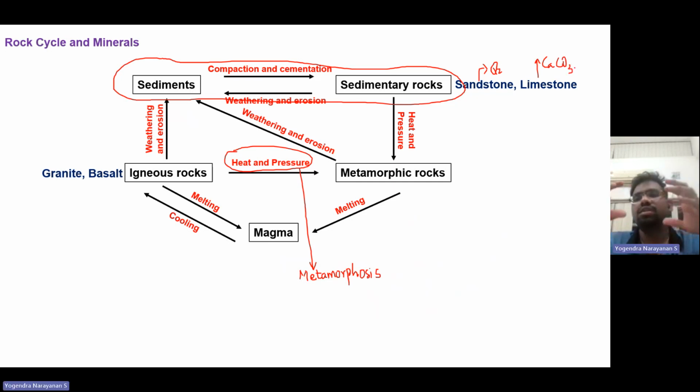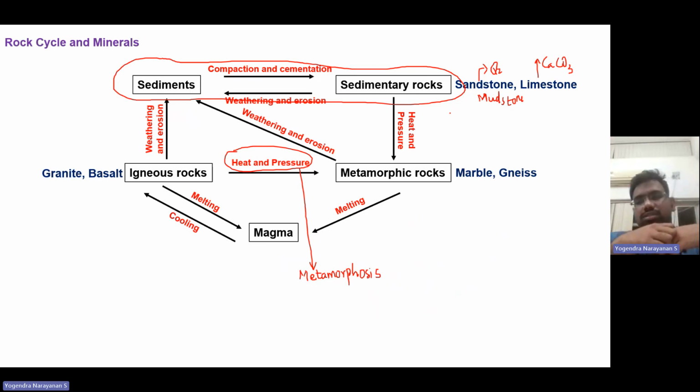These are sediments. When the quartz, that is sand, gets deposited over a period of time, due to compaction and cementation, the cements usually being carbonate or silicate, they form sandstone and limestone. Another is mudstone, etc. These are some of the sedimentary deposits.